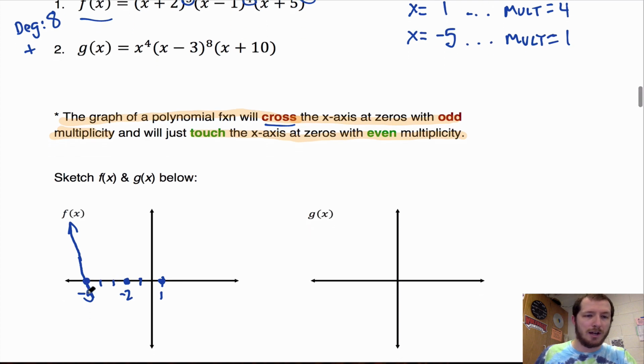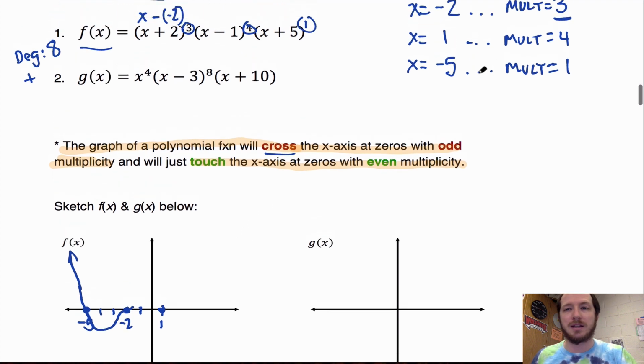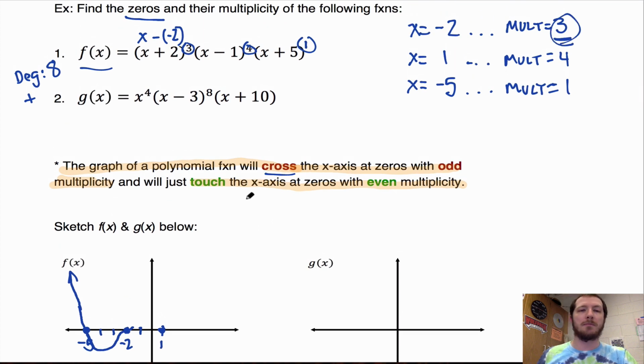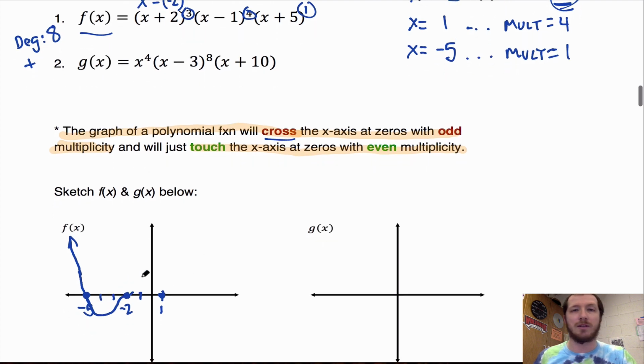I don't know how far down that's going to come, but I know that it's going to come up and it's going to flatten out as it gets to -2 because, again, that multiplicity of 3 makes it look like a cubic function right around that 0. And then at x equals 1, it's got a multiplicity of 4, so it's just going to touch at 1. So I'm going to come up and then just come back down and touch at 1.